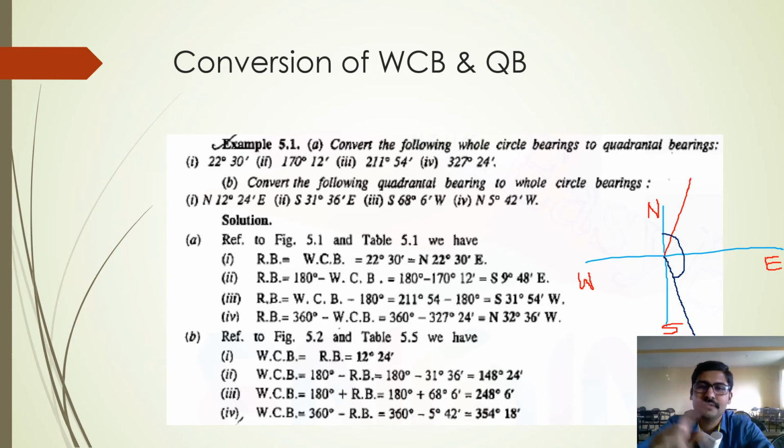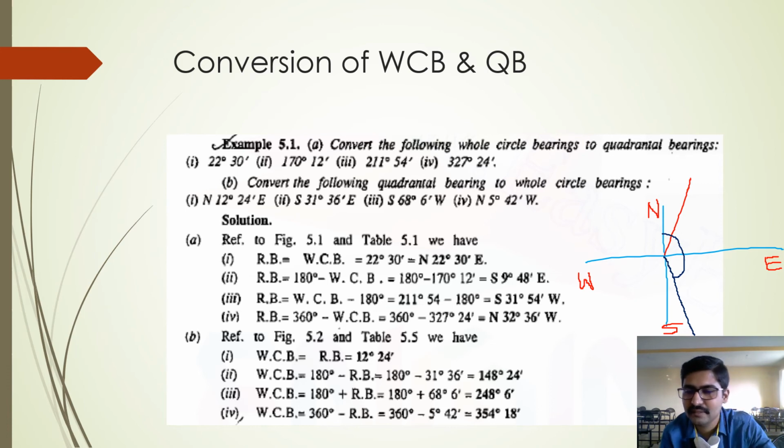If I have to convert it into the quadrantal bearing system, remember that in the quadrantal bearing system you check whether the line is nearer to north or nearer to south. Definitely this line is nearer to south, right? And you need to check what angle this line makes with the south. North to south is 180 degrees, so this angle will be 180 minus 170 degrees 12 minutes, which is 9 degrees 48 minutes.